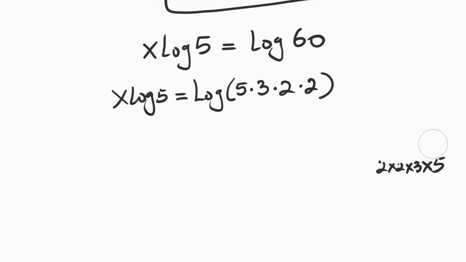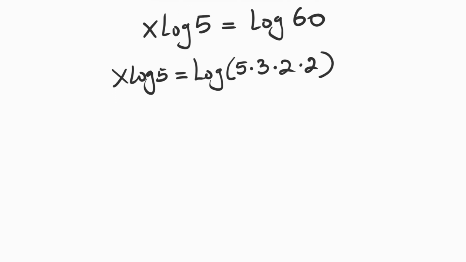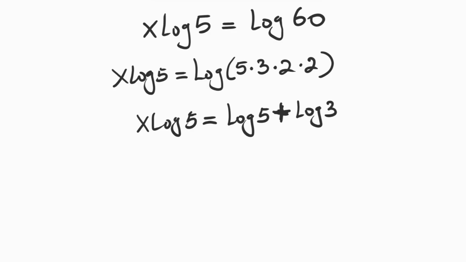Now, let us open up the right hand side. Right hand side now becomes log of 5 plus, multiplication now becomes addition, log of 3 plus log of 2 plus log of 2.